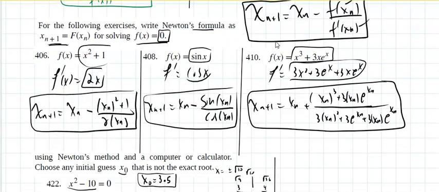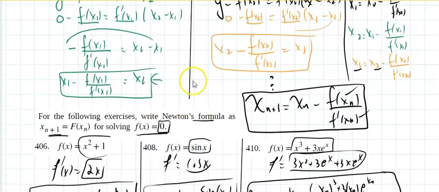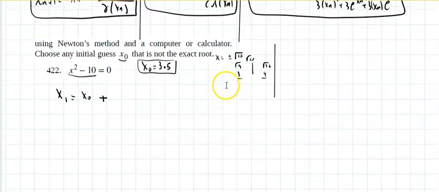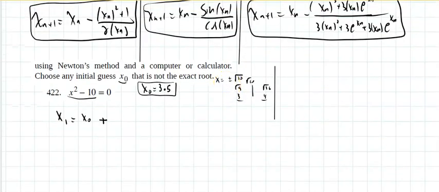It is minus. That should be minus. Okay. So I'm going to apply this formula right here. x sub n plus 1 is the previous term minus f of x sub n divided by f prime of x sub n.